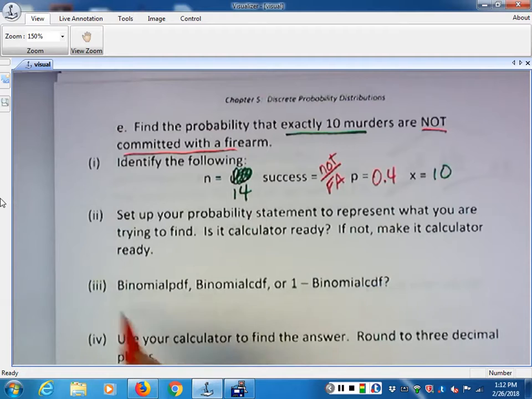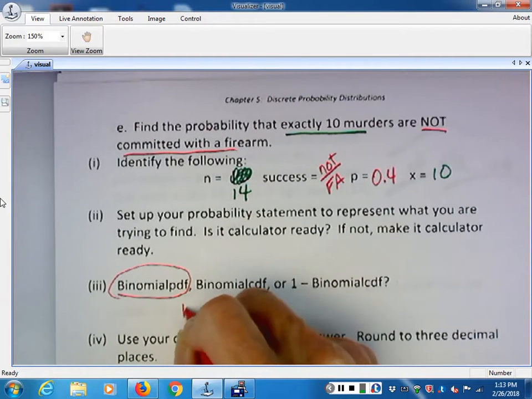So this one is going to be binomial PDF, but what's going to change?